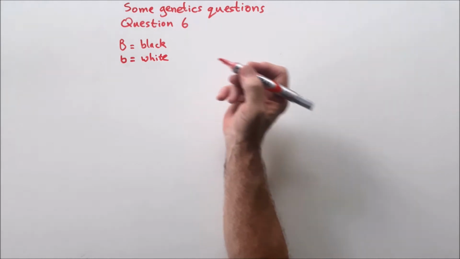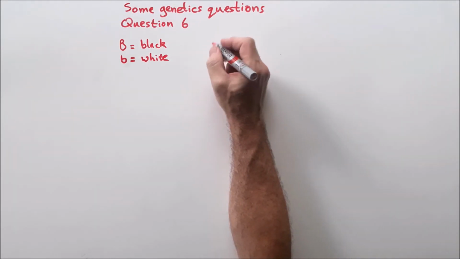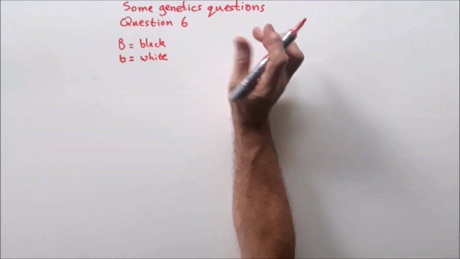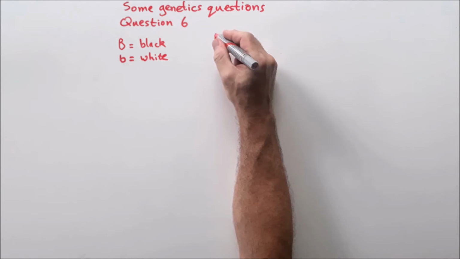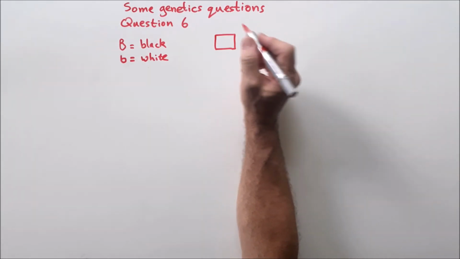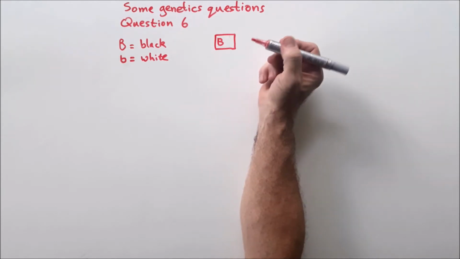Right, now the farmer has a problem. He has got, and I'm just going to write it over here, just as a little bit of understanding what the question is asking. This farmer has a black pig. So let's put this pig into a little square like that, assuming it's an individual. So we know that it's black.